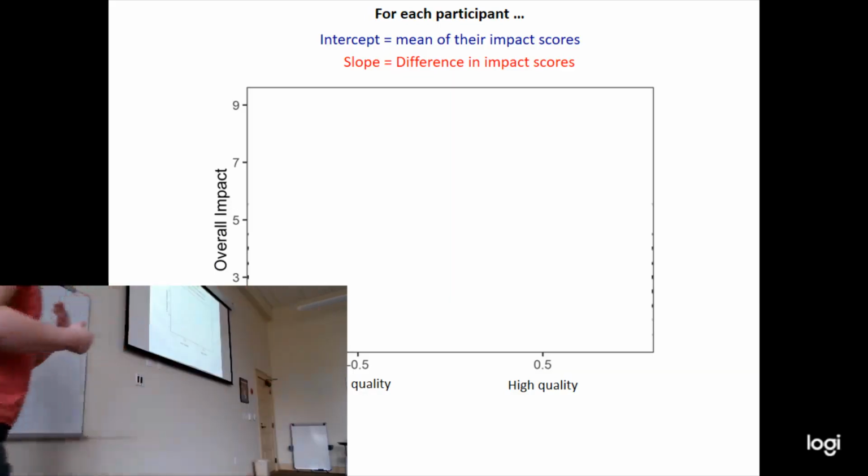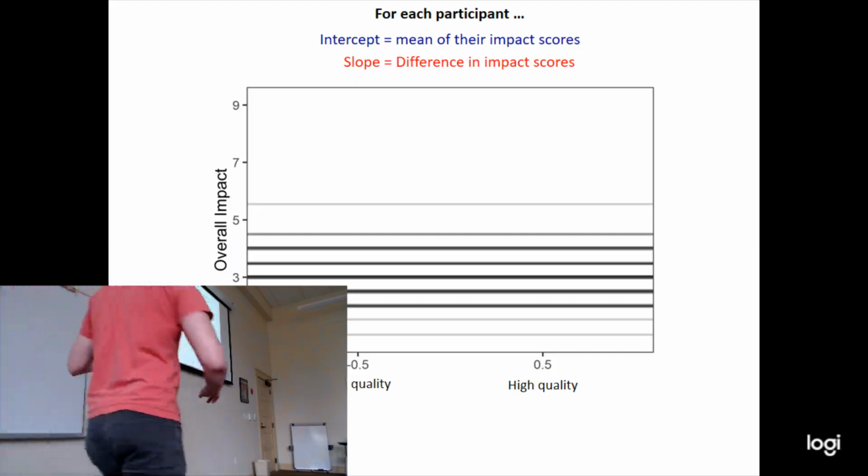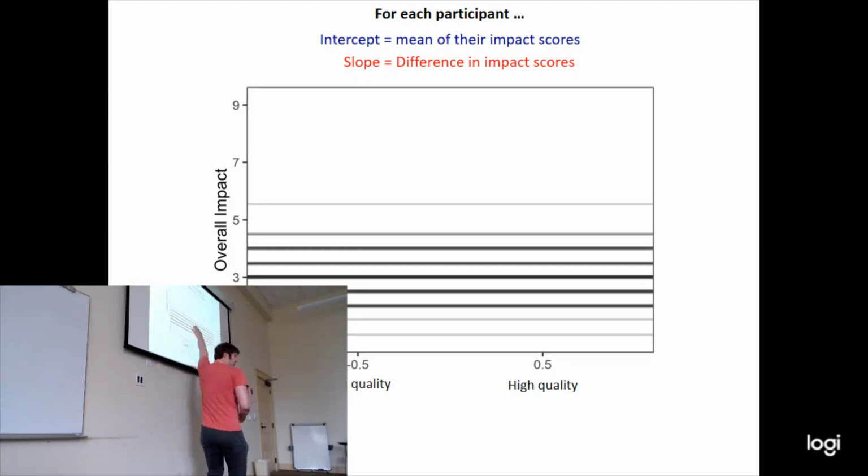So, for example, the intercepts. I mentioned each reviewer has a different intercept, so the intercepts have some variability. Each reviewer is going to be a little bit more harsh or less harsh overall.